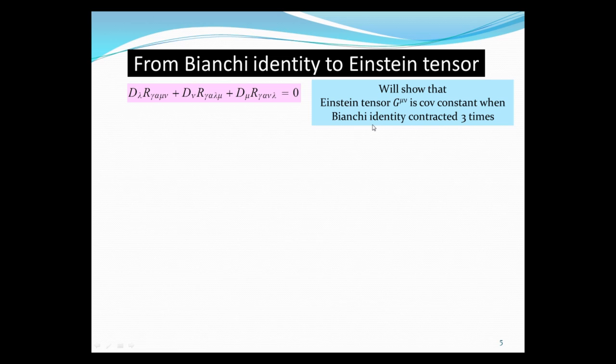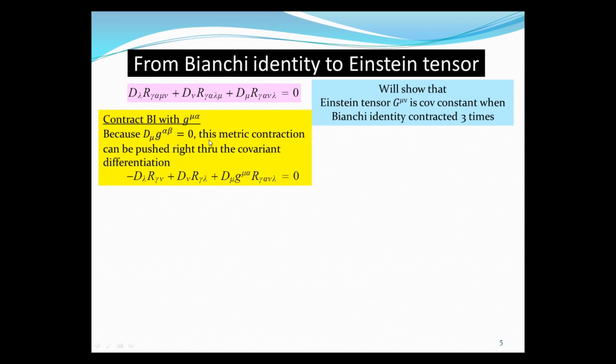First, we contract this Bianchi identity once, which means we multiply by the inverse metric g mu alpha. Because the metric is covariant constant, as far as the covariant derivative goes, the metric tensor is like a constant.